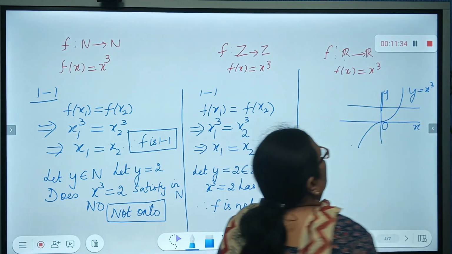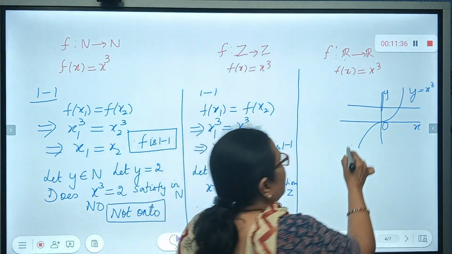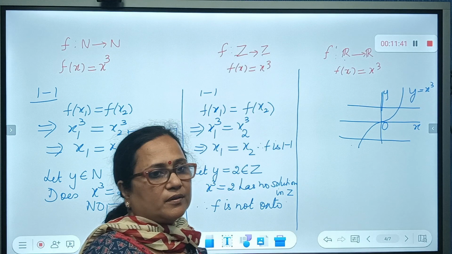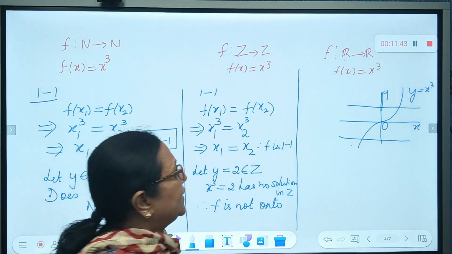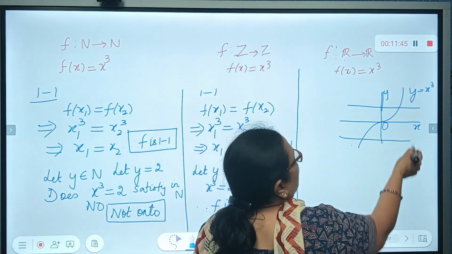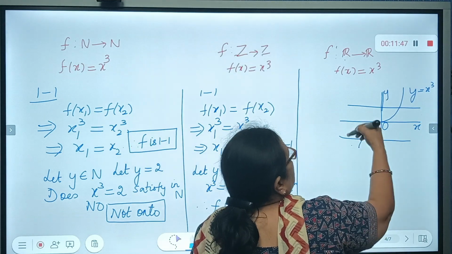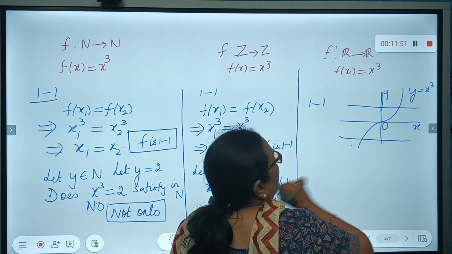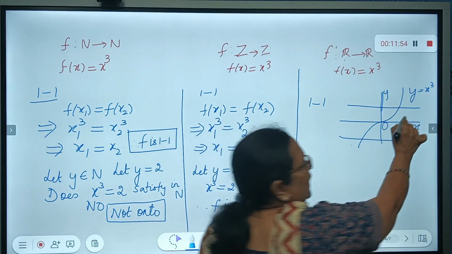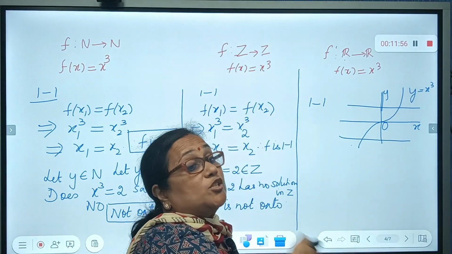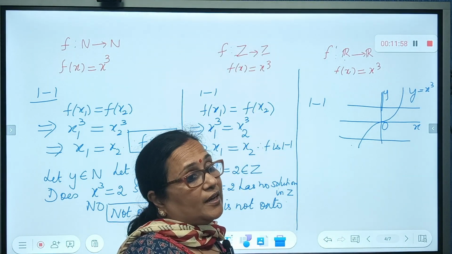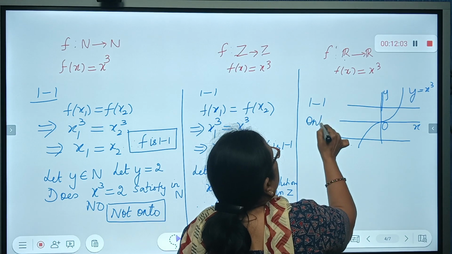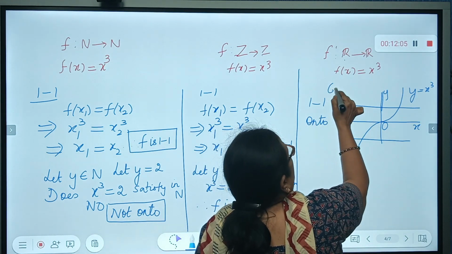Wherever I draw the horizontal line, you can see that it is going to cut the graph at exactly 1 point. So using the horizontal line test and by drawing the graph, you can see that wherever I draw, it's cutting at only 1 point, therefore it is 1 to 1. Now, wherever I draw a horizontal line, it is going to cut the graph. So there is no part of the graph which is not cut by the horizontal line. Therefore, f is onto. So this is from the graph.